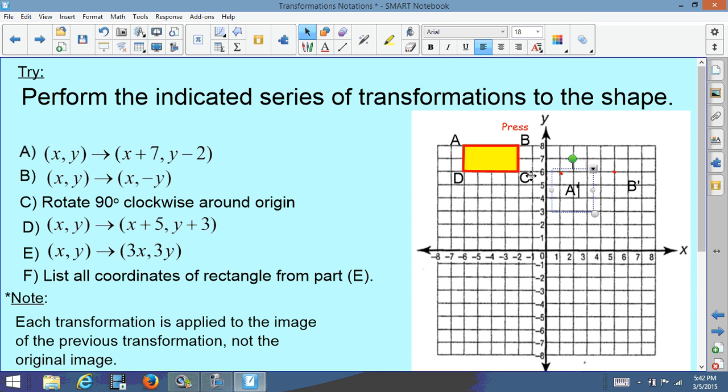So distance is preserved when you're just translating. This is a translation. So the same distance from A prime to B prime is going to be the same as in the original triangle, because this is a translation. It just slides that. So let's count down. 1, 2 boxes.